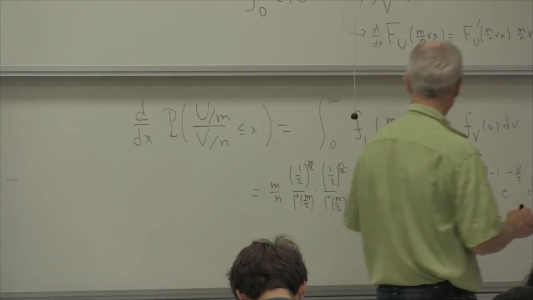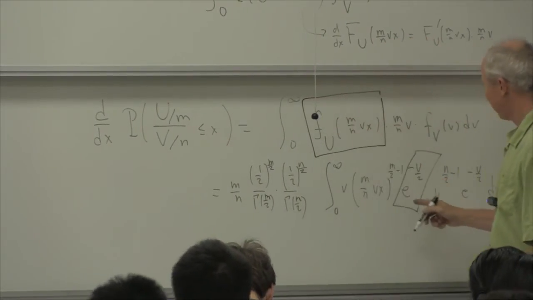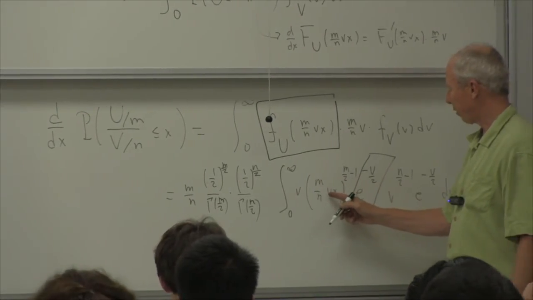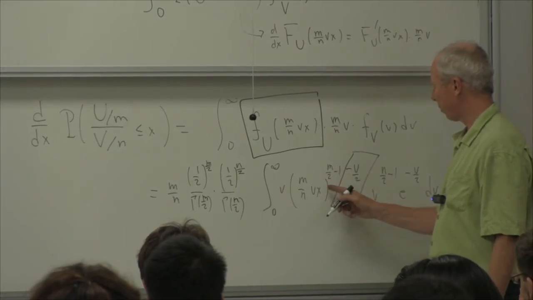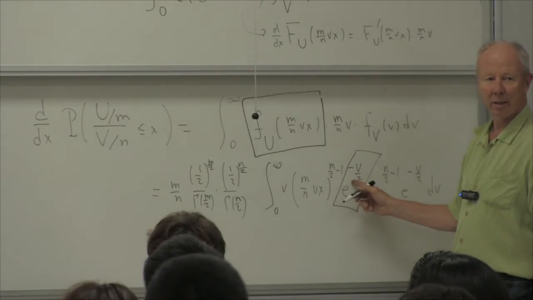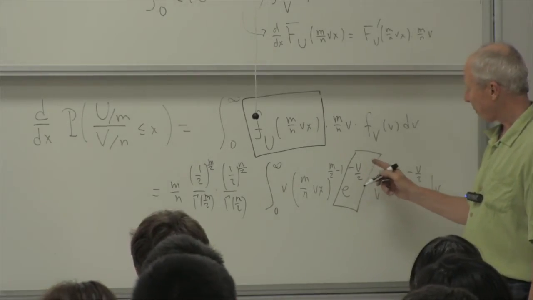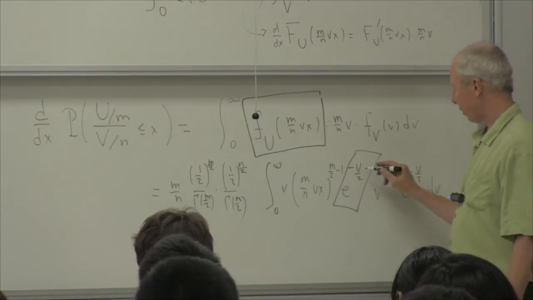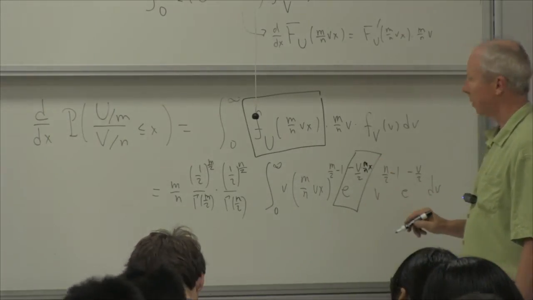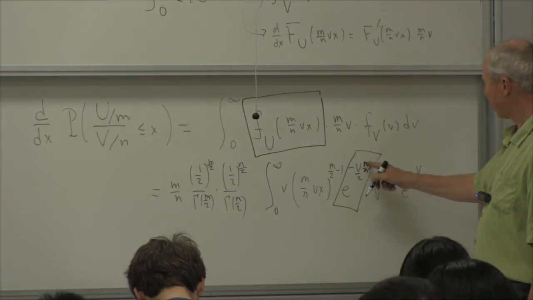And when I was evaluating the density for u at this, I did put that in, m over n v x to the m over 2 minus 1 for the power, but I forgot to do that in the exponential part. So this should be m over n v x here.